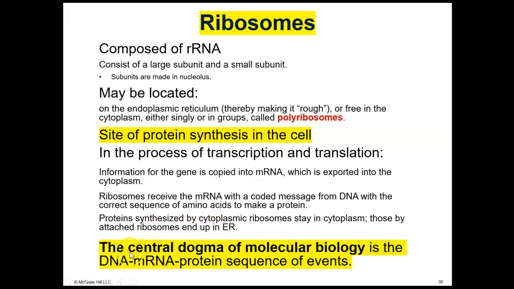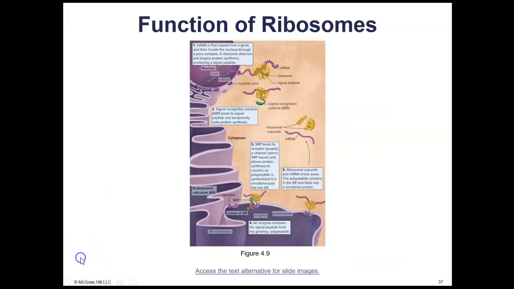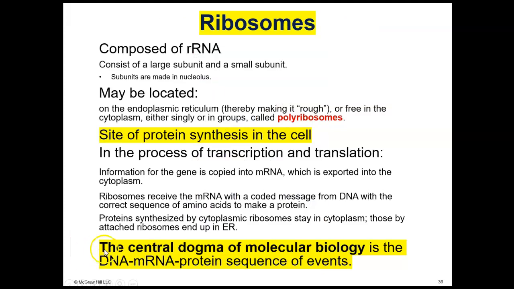And down at the bottom, just because there will come a time when we come back to this, when we get to the chapters on genetics and how DNA is replicated and how DNA codes for our traits, the central dogma of molecular biology is literally this little sequence right here.